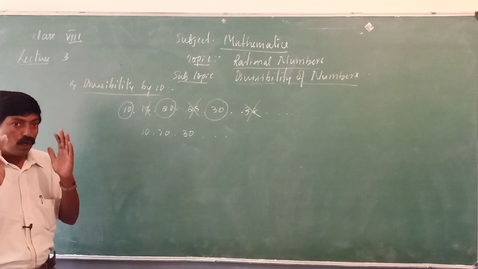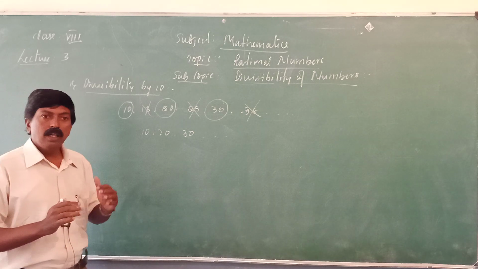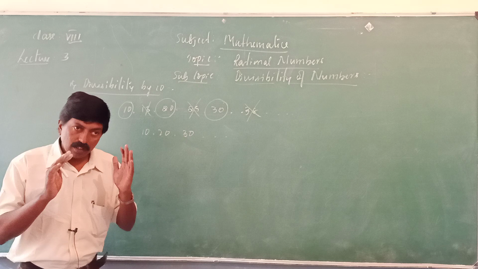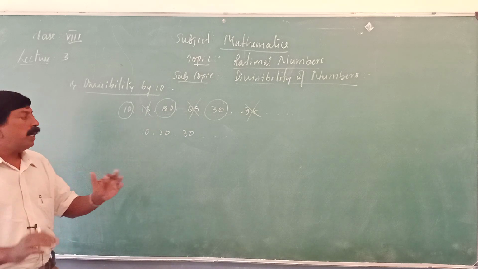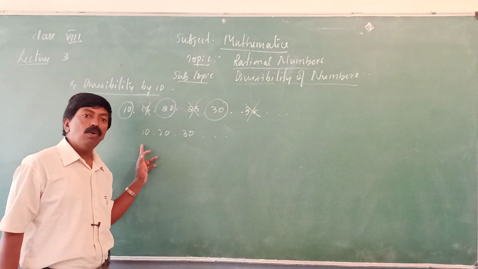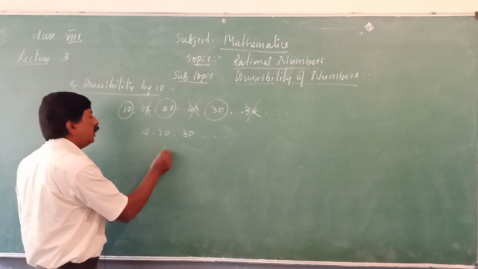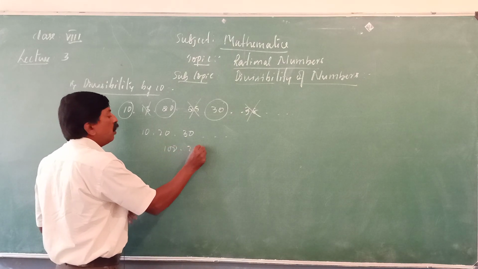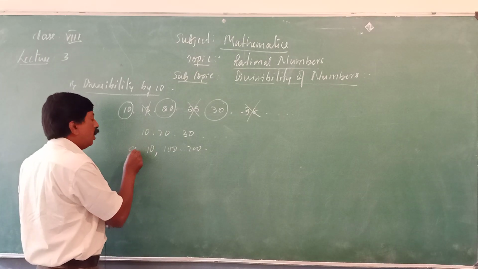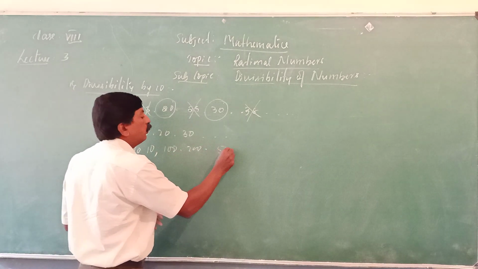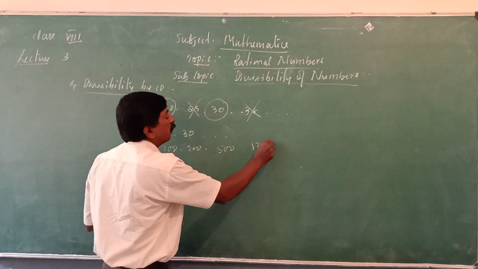Then what is the rule behind this divisibility? It says that in the unit place there must be a 0. In the unit place there must be a 0. Any number like 100, 200, or 10, or 90, or 500, or 5000.